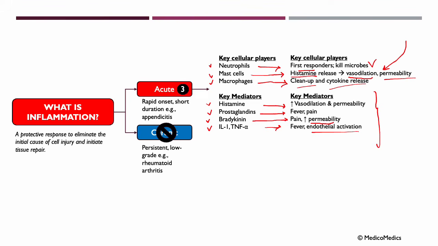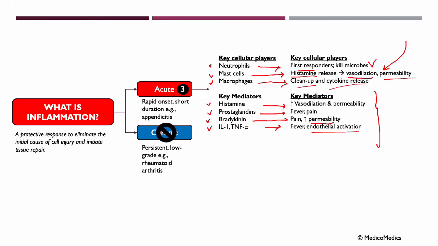Now, since we know that acute inflammation is driven by cells like the neutrophils and mast cells and the chemical mediators like histamine and prostaglandins, these are all responsible for the heat, pain, swelling, etc. that we see in infected wounds or in allergic reactions in the inflammatory process.